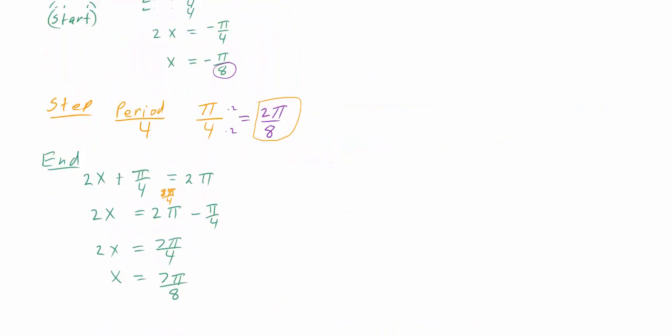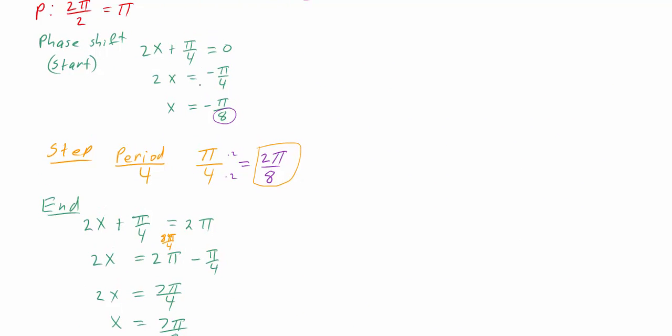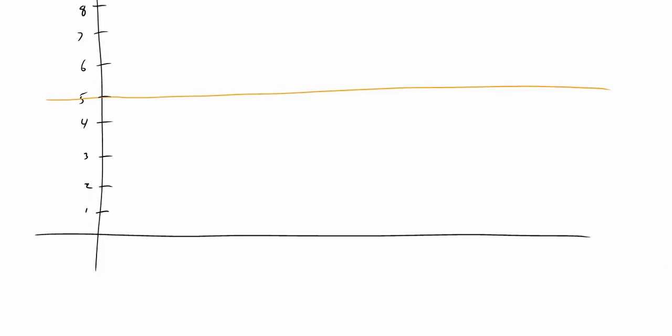So we know that our starting point, we set up here, the phase shift, the starting point is at negative pi over 8. So that means if we start at a negative pi over 8, and I'm just going to mark this off here as negative pi over 8. And just so we're consistent, I want to go ahead and mark off some units here on the x-axis.